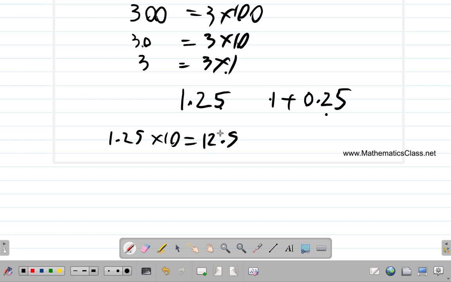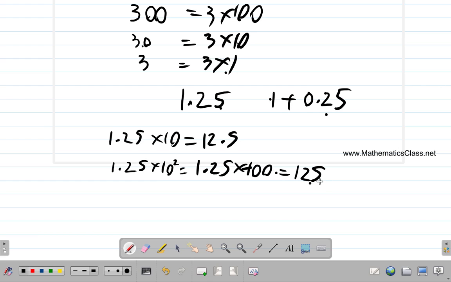It's like you move the decimal point one place to the right. 1.25 times 10 squared is the same as 1.25 times 100, which is 125. Now, here, 125 is what we have here.